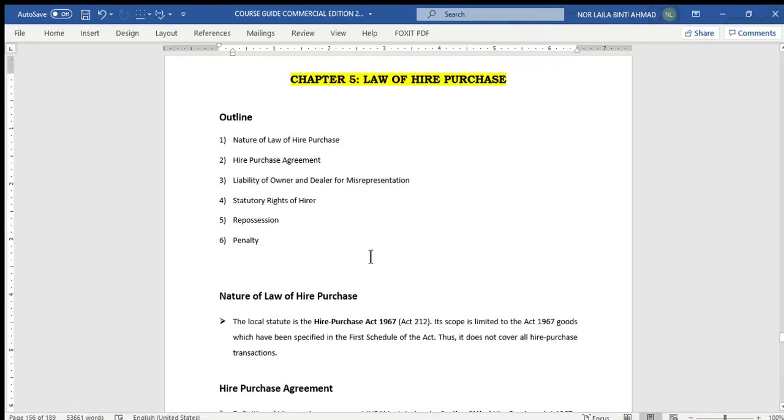And then students are able to explain the liability of owner and dealer for misrepresentations. Students are able to discuss the statutory rights of hirer and to apply them into given situations. And last but not least, students are able to discuss the procedures of repossession.